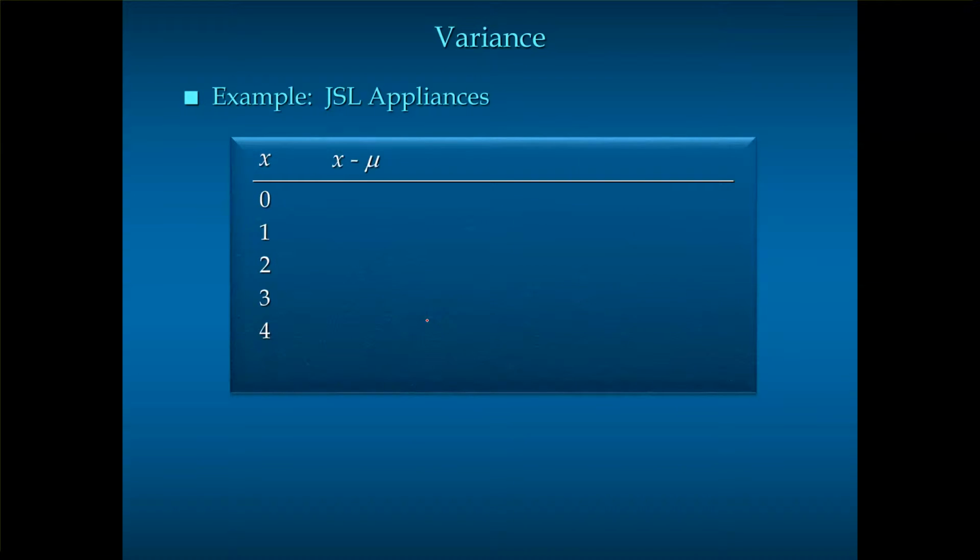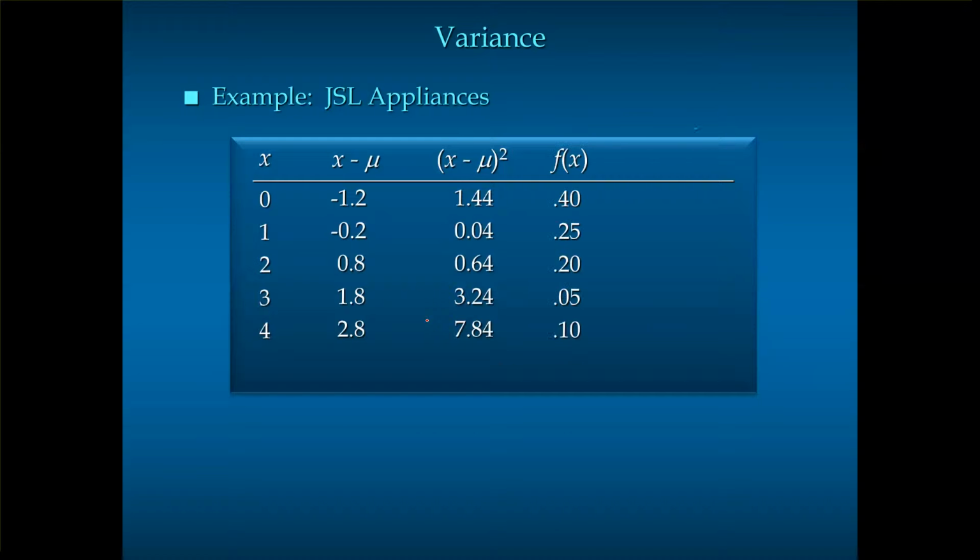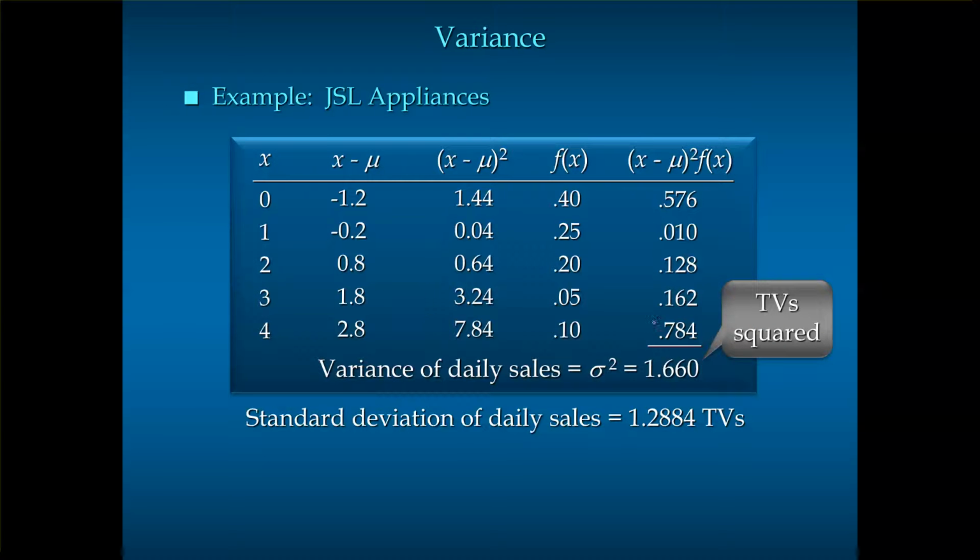So how about the variance? When we do the calculation, since we already know the mean is 1.2, we take each possible x minus mu, power it by 2, and multiply by f(x), which is the weight for the squared deviation, and then we add all of them together.